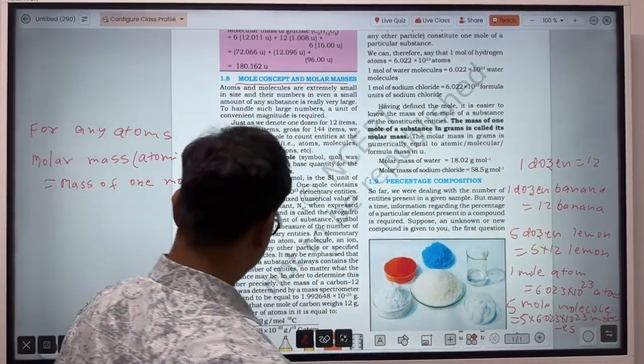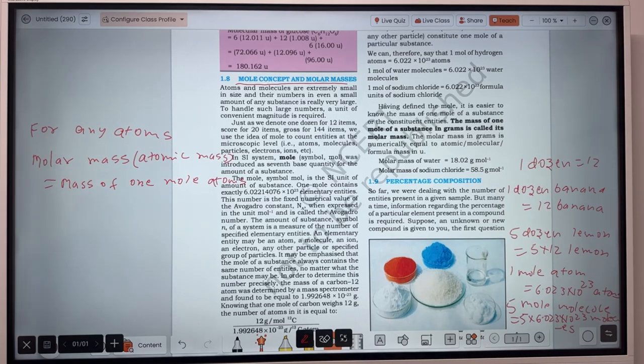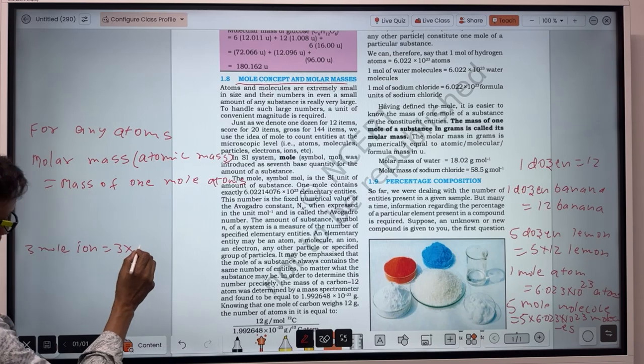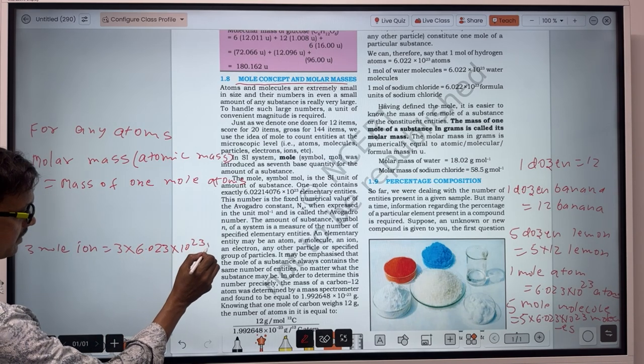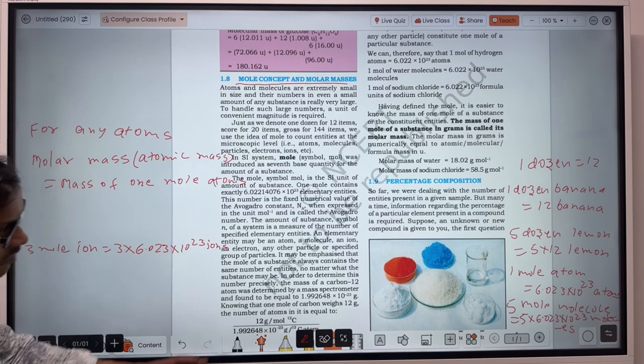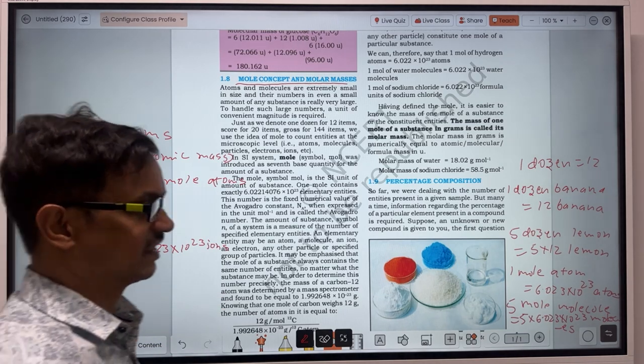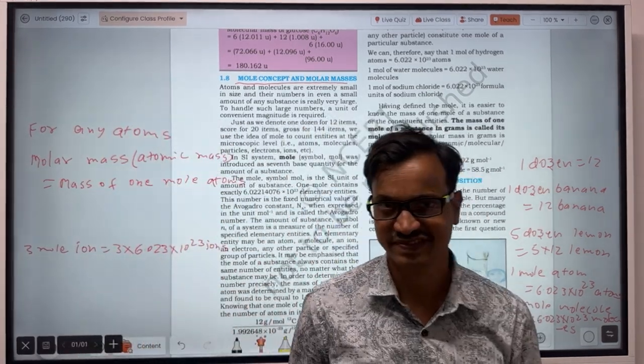If there will be 3 mole of ions, that will be equal to 3 into 6.023 into 10 power 23 ions. That is the meaning of mole.